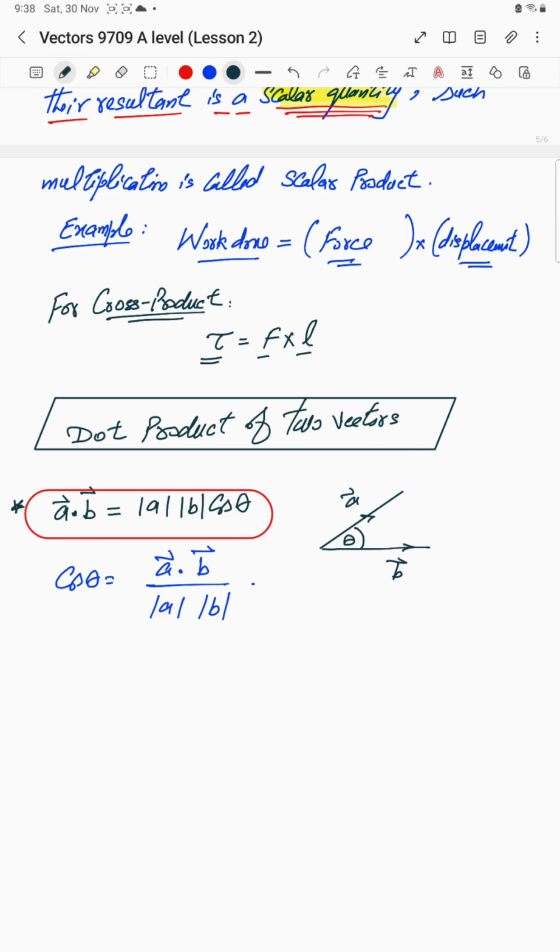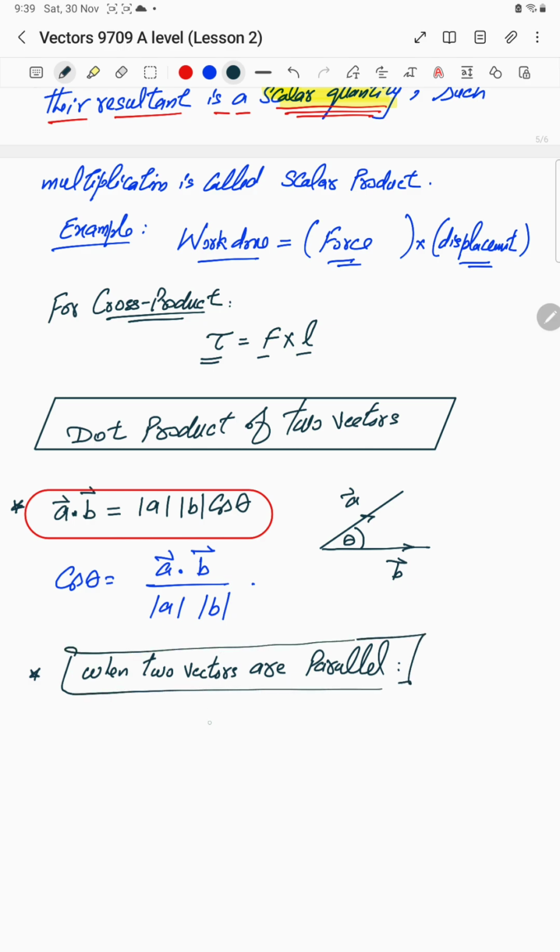Now, when two vectors are parallel, we already know this: we had a formula that one vector A is equal to a scalar multiple, lambda, of the other vector.